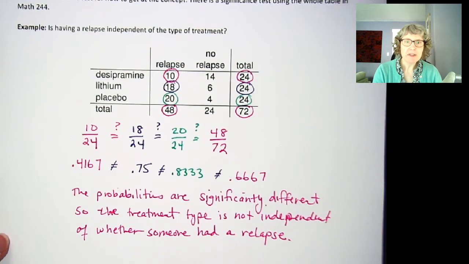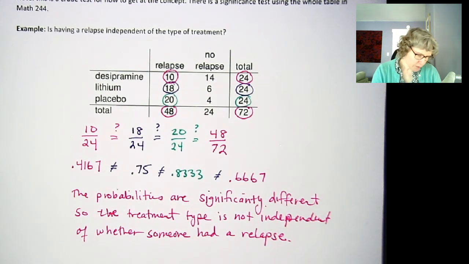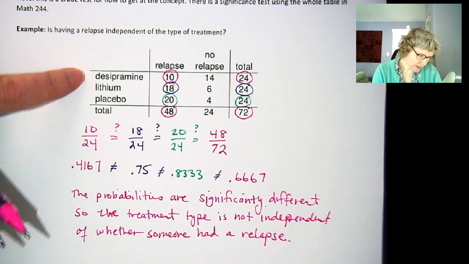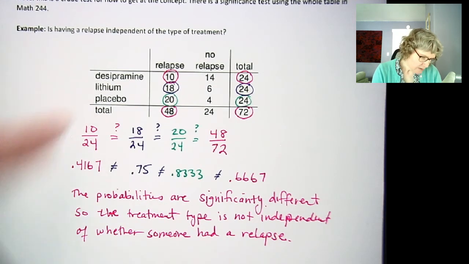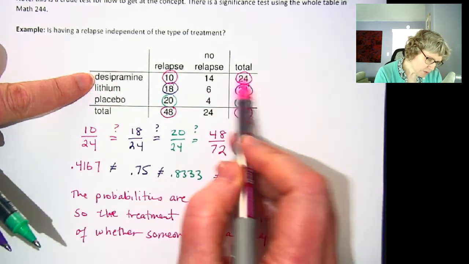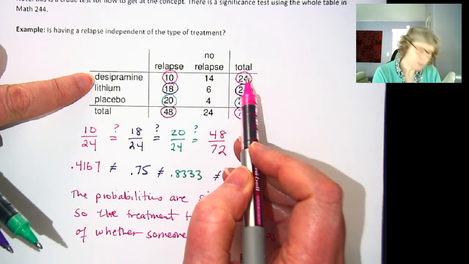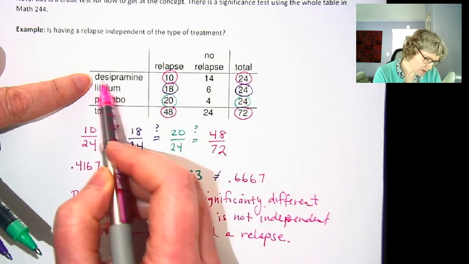Now if you really want to do the notation, you don't have to on this, but if you really wanted to, let's look at how it would follow that rule. Let's look at the probabilities we found. Remember the given part, we use the row or column total of the given condition. So desipramine is going to be given.